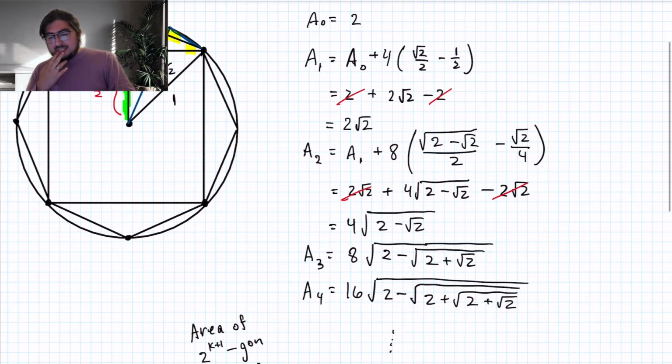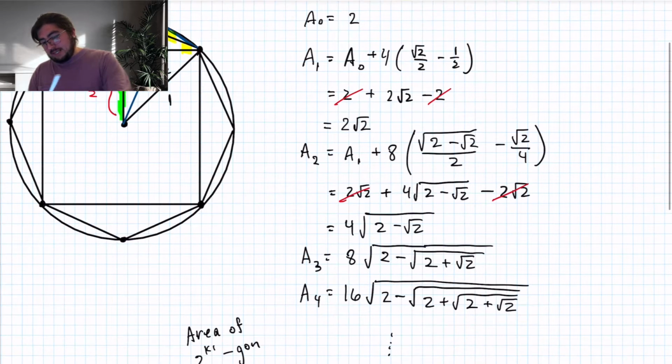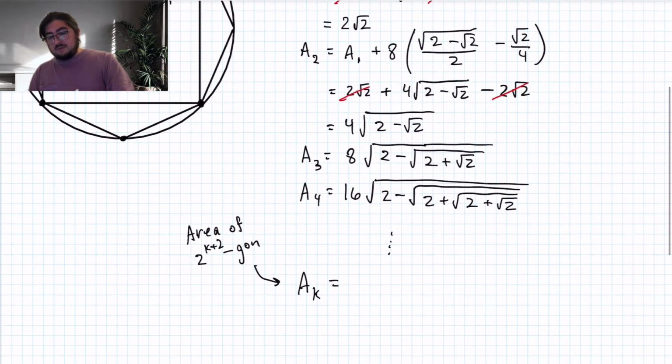Well, no, maybe not actually, because I keep taking it back. This was a 2 to the 3-gon, an octagon. This guy was a 16-gon. That's a 32-gon. So it's not plus 1. I'm sorry, it's k plus 2. My mistake. A 2 to the k plus 2 gon.